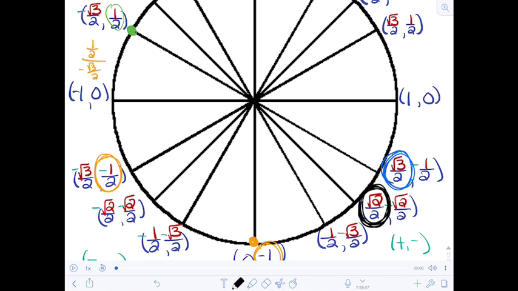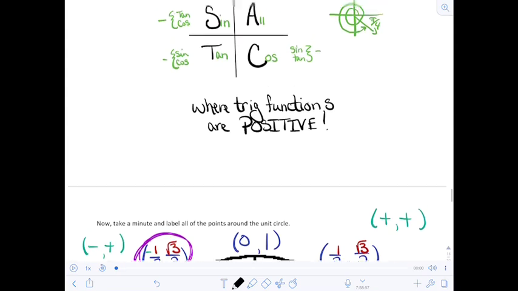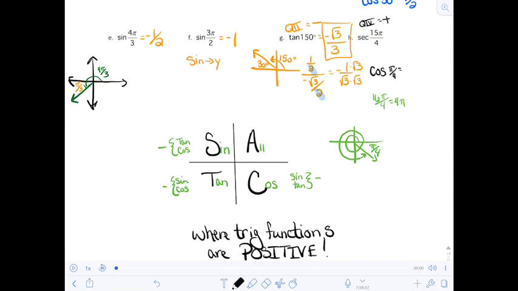So that would be root 2 over 2. That's cosine. So we've got root 2 over 2, but I want secant. So we're going to flip it. 2 over root 2, and then rationalize. So 2 root 2 over 2, the 2's cancel, and my final answer is just root 2.